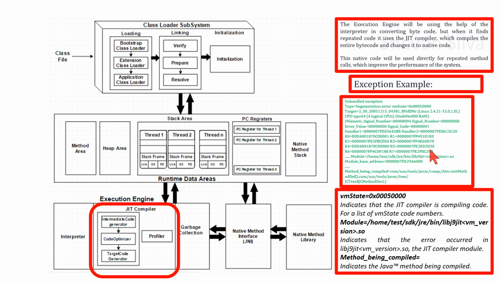You can see here an exception in JIT occurred, the JIT compiler occurred here. Here, in a VM state, it indicates that the JIT compiler is compiling code for a list of VM state numbers.